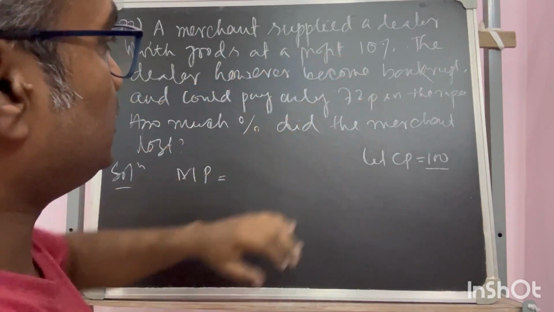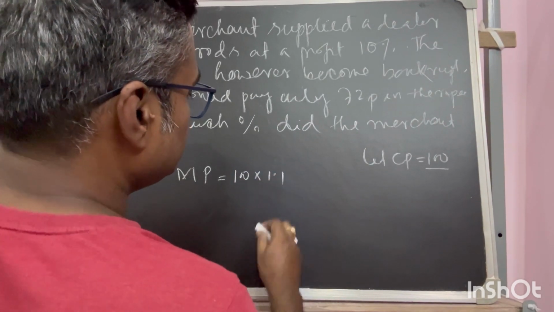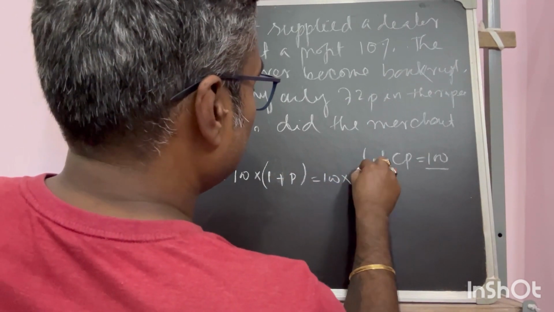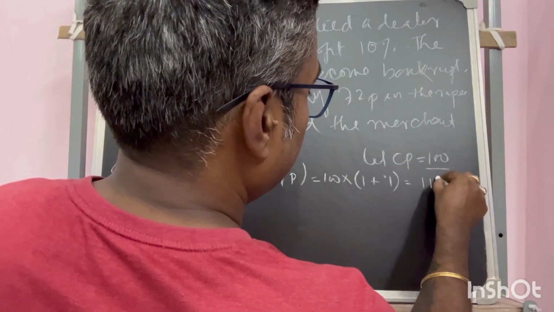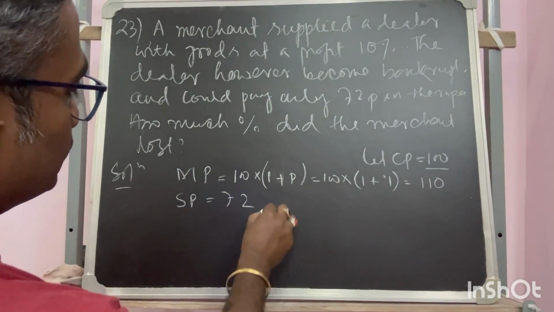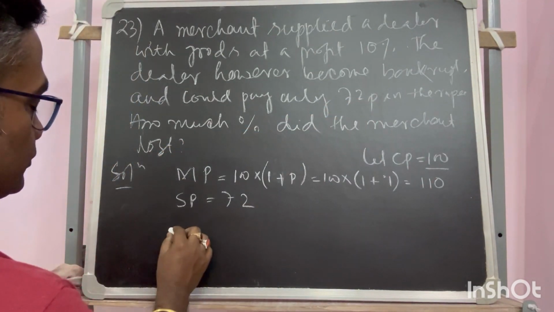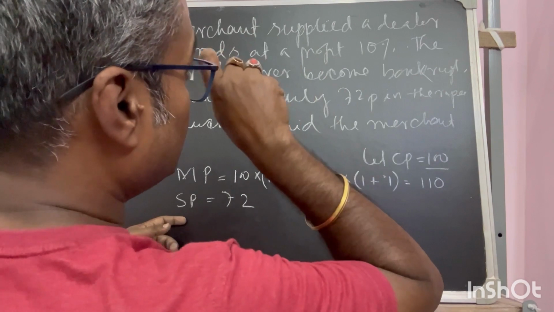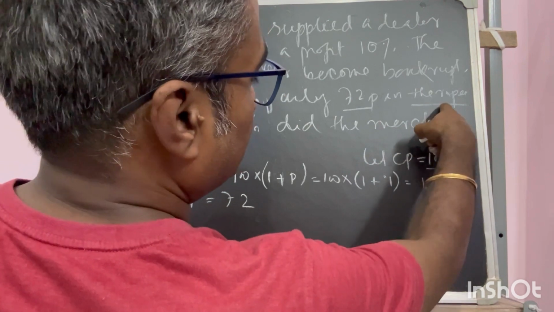So mark price is equal to the 10% profit, that means 100 into 1 plus profit, that is 100 into 1 plus 0.1. 1.1 times 100 is 110, which will be the mark price. But the selling price is actually 72 for each 100 rupees of cost price. 72 paisa on a rupee means 72 rupees on 100 rupees.